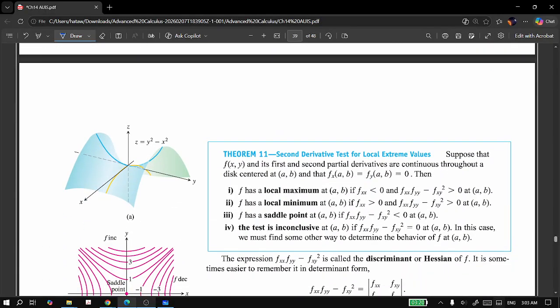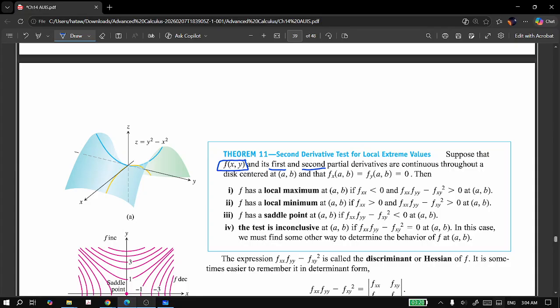Okay, so here is the test for finding maximum, minimum and saddle points. What does the test say? We have this theorem. It says we are using the second derivative test for finding local extreme values. That test says that we have the function f(x,y) that is given to you, and its first and second partial derivatives are continuous.